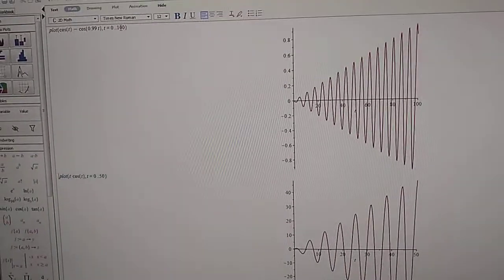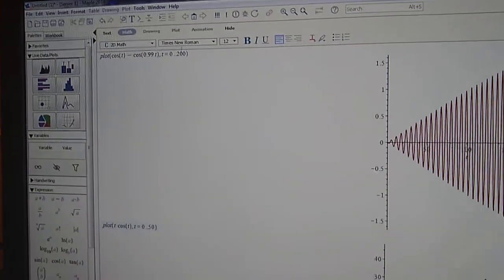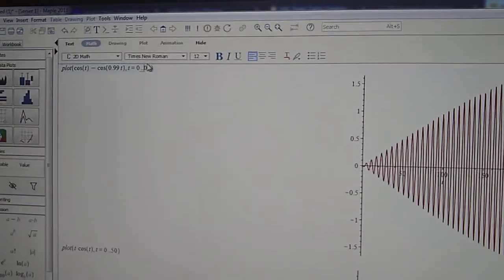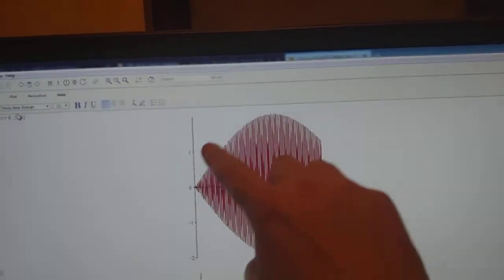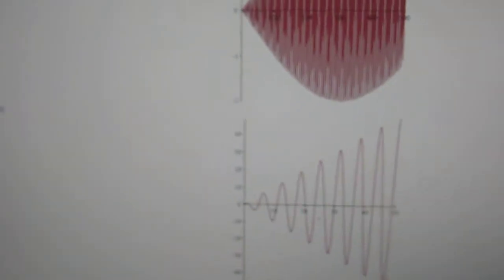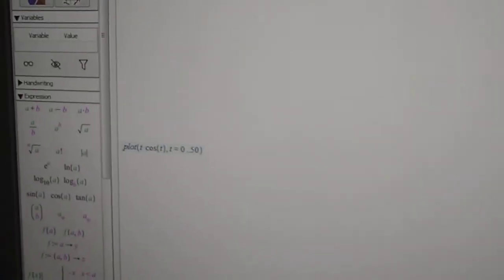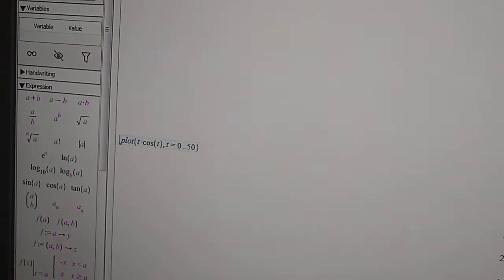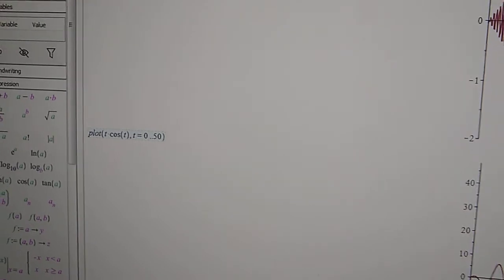But then once again, let me zoom back out to where I was for this one. Whoops, maybe more like 500. If I zoom out far enough, I can see this one on its way back down. When omega equals omega prime, and we have that t there, this is the graph of t cosine t, just an example of the type of function we would be dealing with if omega was equal to omega prime.